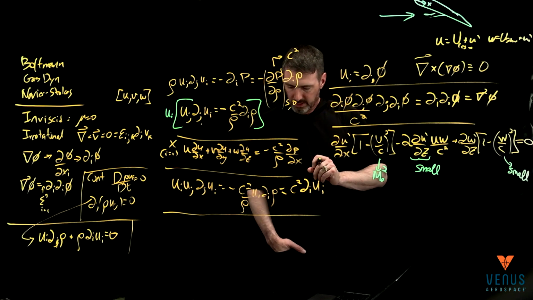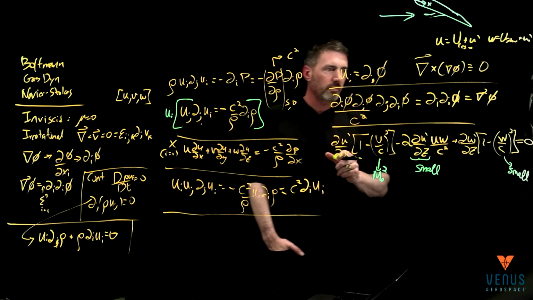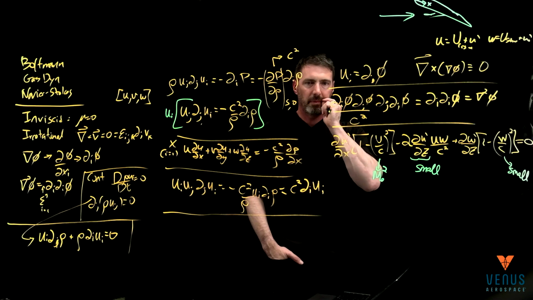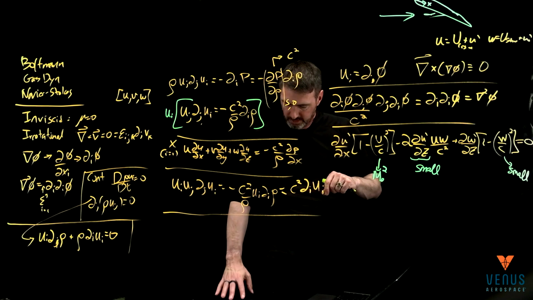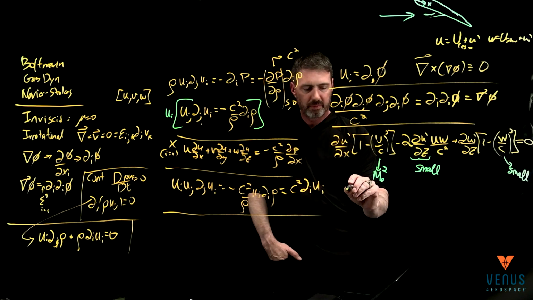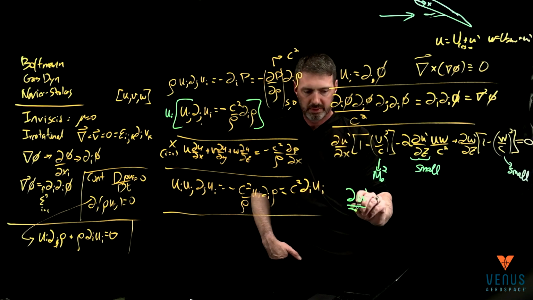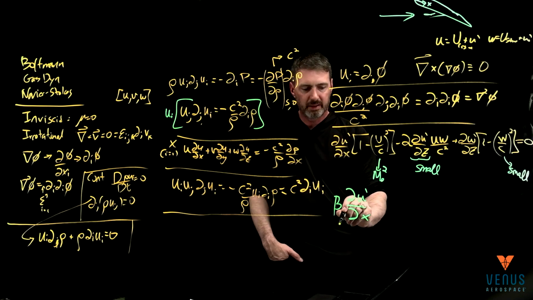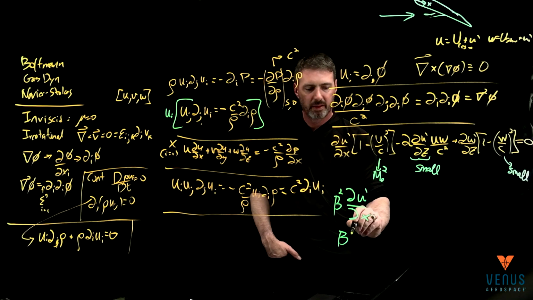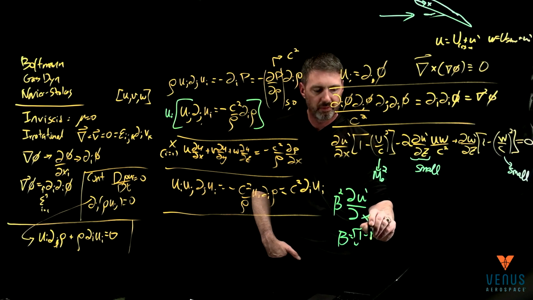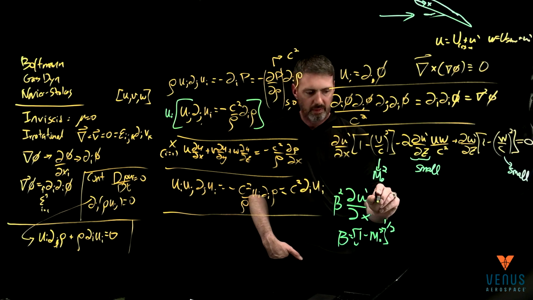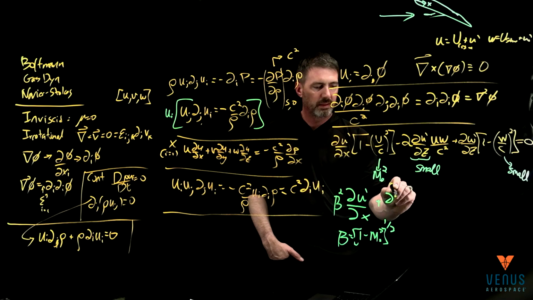And so then in the end, you can write this whole equation really compact. Namely, this whole thing becomes du prime dx, and this picks up a beta squared, where we define beta as 1 minus Mach squared to the 1/2, and then plus dw prime dz equals 0.